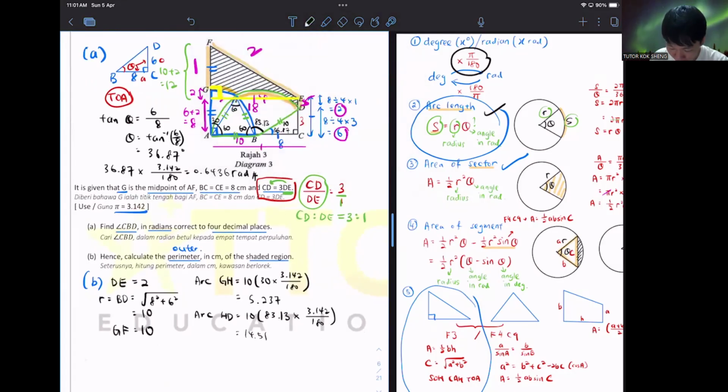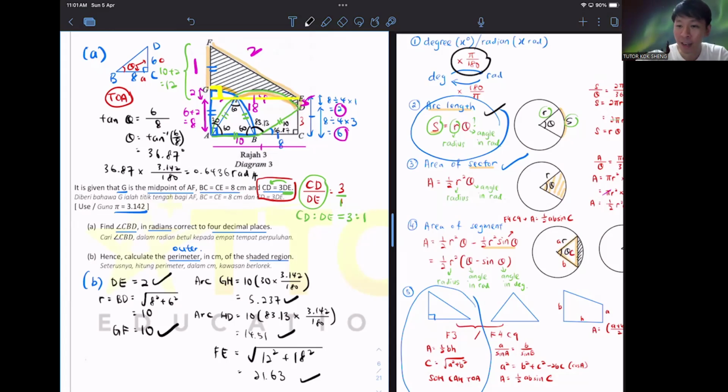So can plus already. Now you can find the FE first using Pythagoras theorem, and then we can add all the lengths. FE: 18 squared and 12 squared, it's a decimal, 21.63. So add everything: CE, GF, GH, HD, and FE.